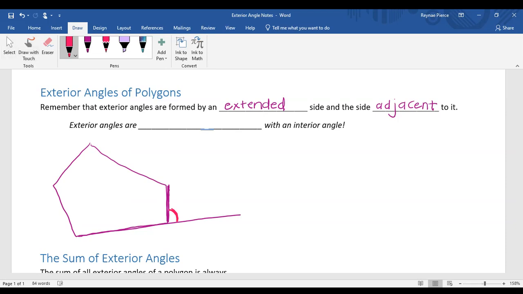Exterior angles are always a linear pair with that interior angle here.